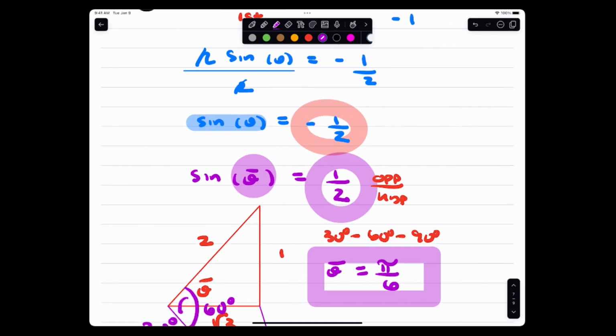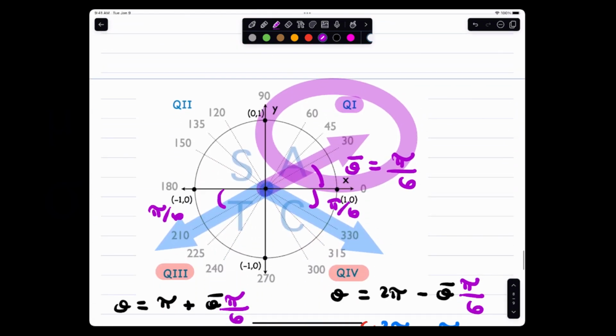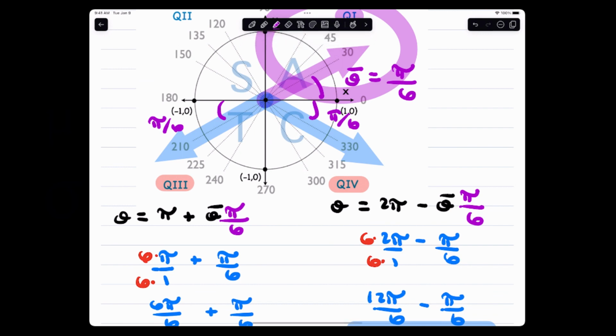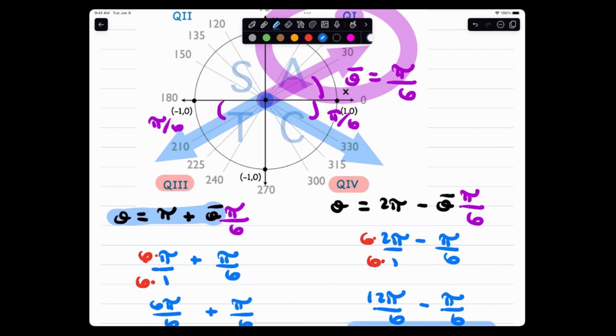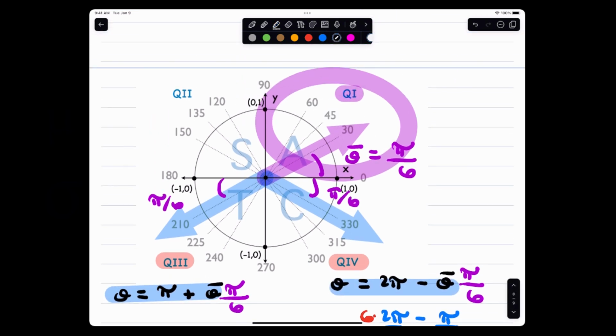Well, you first have to get that quadrant 1 answer. You always get that quadrant 1, and then you could get the negative sign answers because you're going to use these particular formulas. So I would recommend you put that in your notes, because in quadrant 1, you say, what's the formula for quadrant 1?